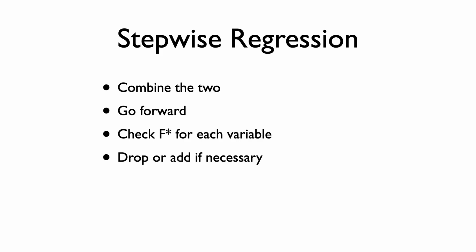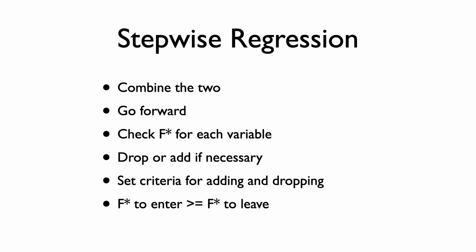You can see why you want to do this automatically, because this would be a real pain to do yourself, even with a computer. And basically, you set a criteria for adding and dropping, which again, don't mess with. You have an F star to enter, and you have to make it bigger than the F star to leave. If you don't, a variable goes in, it gets taken out, it goes in, it gets taken out, and the computer just does that for the rest of your life. So don't do that.